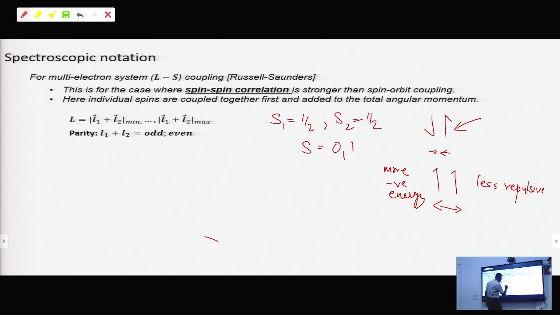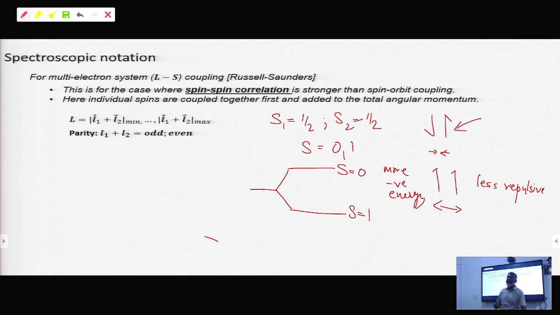If you look at it, S equals 0 will be here, and S equals 1 will be here. It's very abstract when explaining it. You got this? Yes? All right. So that is the spin.